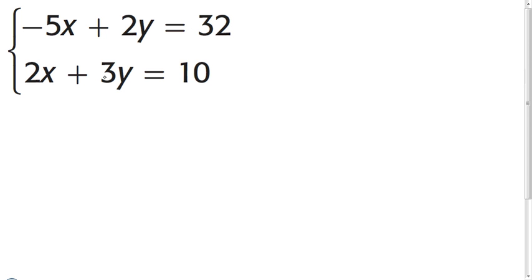Or in this equation, I'd have to divide everything by 2 to get this x alone, so I'd have a fraction here. Or I'd divide everything by 3 to get the y alone, so I'd have a fraction there. This one is not good for substitution. The other ones would have been fine for substitution, but this one is not good for substitution. Definitely would want to use elimination on this one.